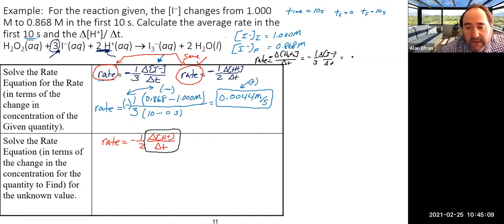I won't continue, but basically we could set them all equal to each other, which means when we break them out, each of those individual guys, the rate is the same for both of them. And it's basically the average rate for the overall reaction. Other questions on that? Any other questions?